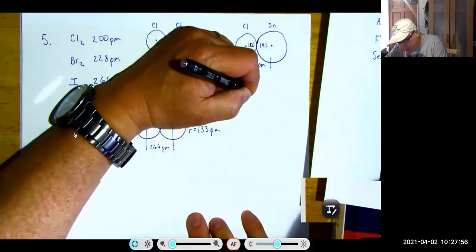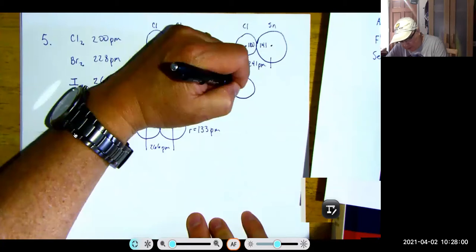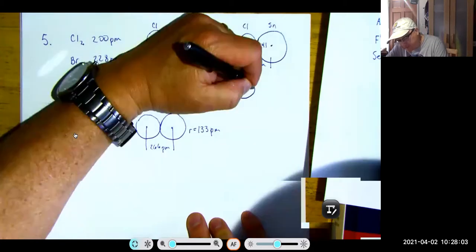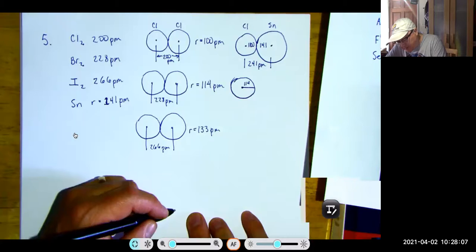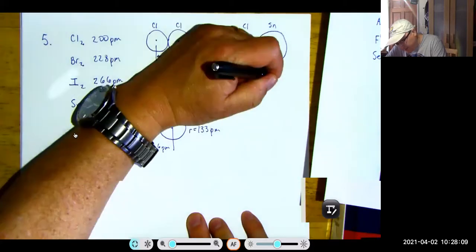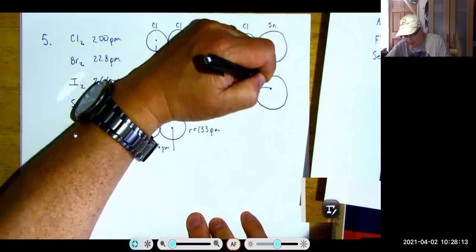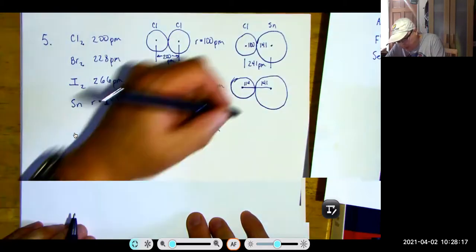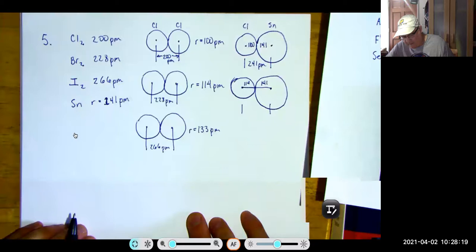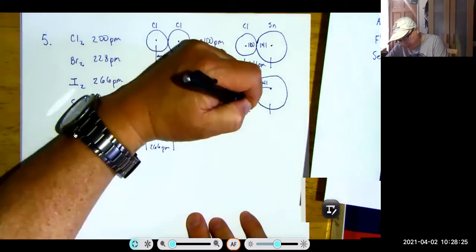Okay, so now we draw something a little bigger than chlorine. This is bromine. And here to the edge is 114, right? And I draw my tin again. And from here to here is 141. I didn't line those up too well, but you get the idea. What is the bond length here? 255.